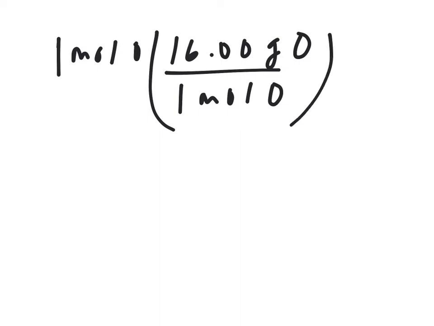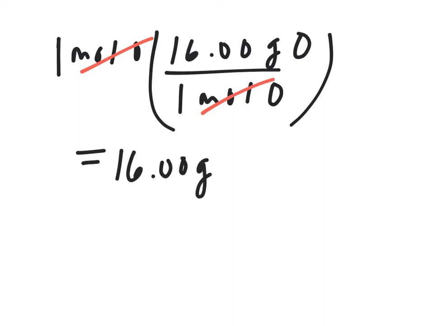Let's do the same calculation with oxygen. I have 1 mole of oxygen in my 1 mole of water. And we know that 1 mole of oxygen has a molar mass of 16 grams. So now my moles of oxygen have canceled out to allow me to calculate the mass of oxygen that I have. That's 16.00 grams.